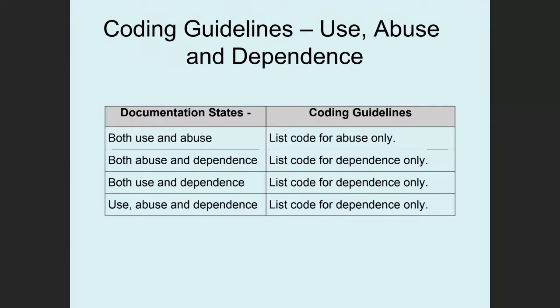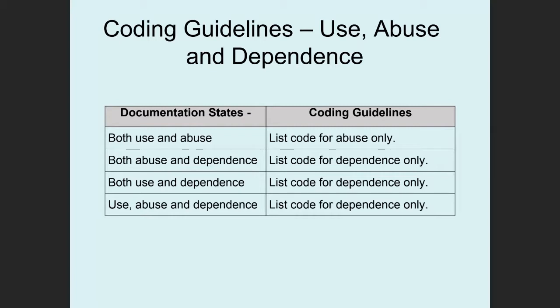Now, sometimes a provider will document use and abuse or abuse and dependence or all three. So here are the guidelines. If the documentation states both use and abuse, list code for abuse only. If the documentation says abuse and dependence, list a code for dependence only. Both use and dependence, list code for dependence. Use, abuse, and dependence, list code for dependence.